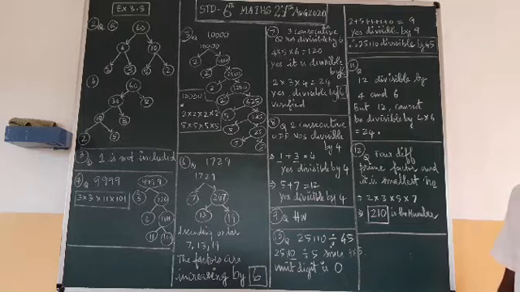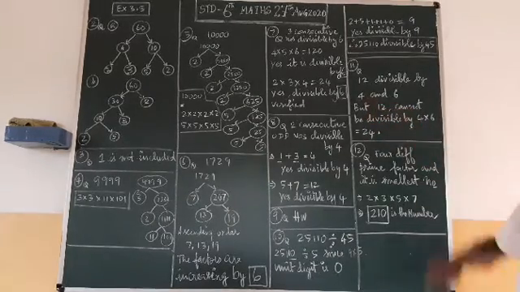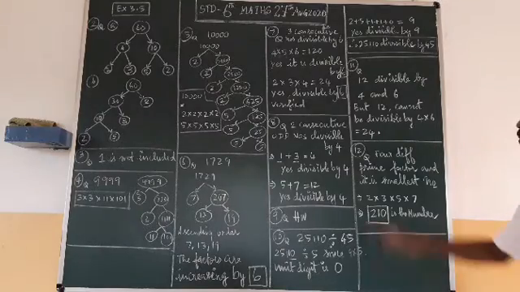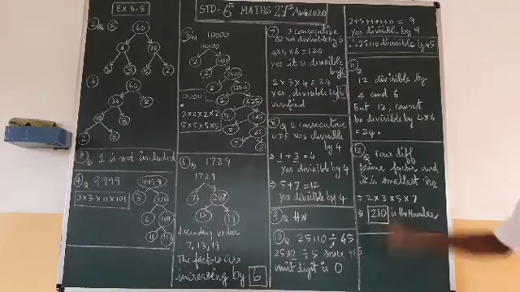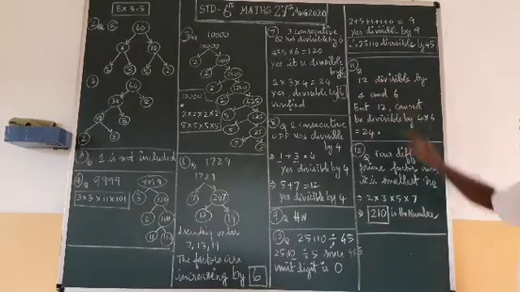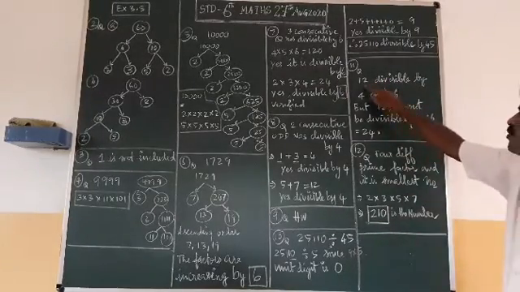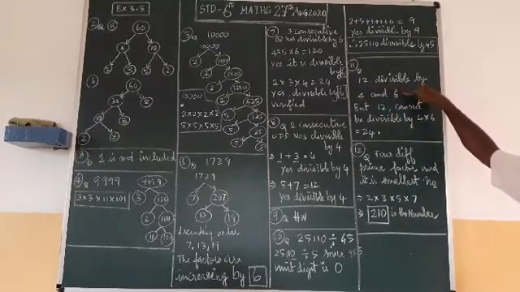What are they asking? If a number is divisible by 4 and by 6, is it also divisible by the product of 4 and 6? I am taking 12. Yes, 12 can be divided by 4, and 12 can be divided by 6.